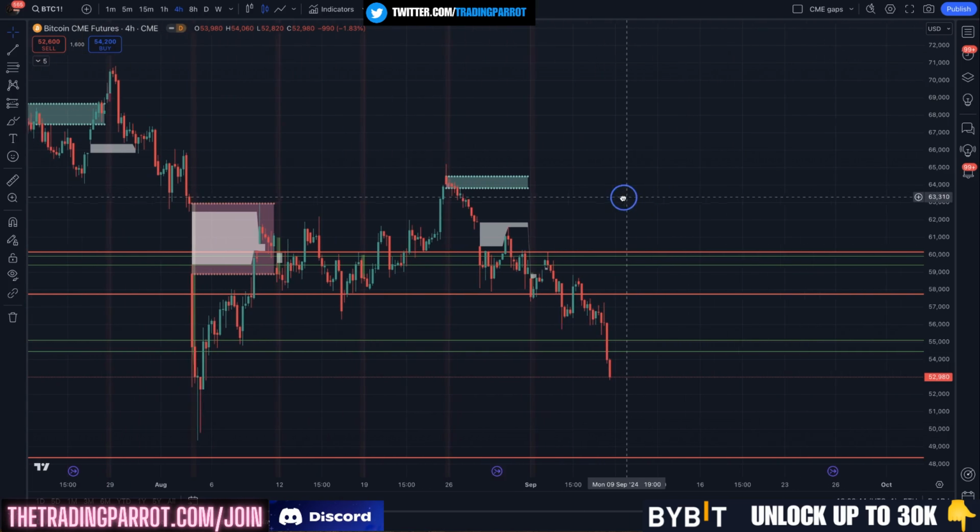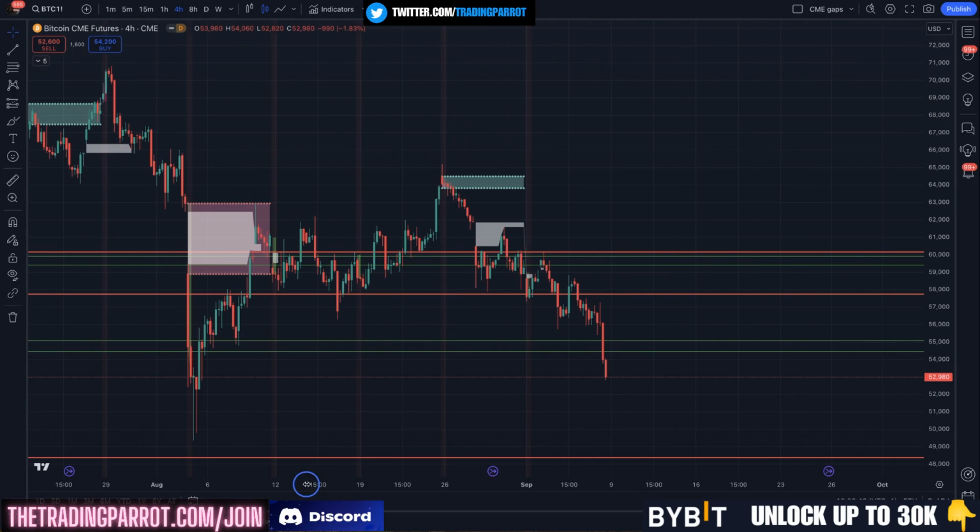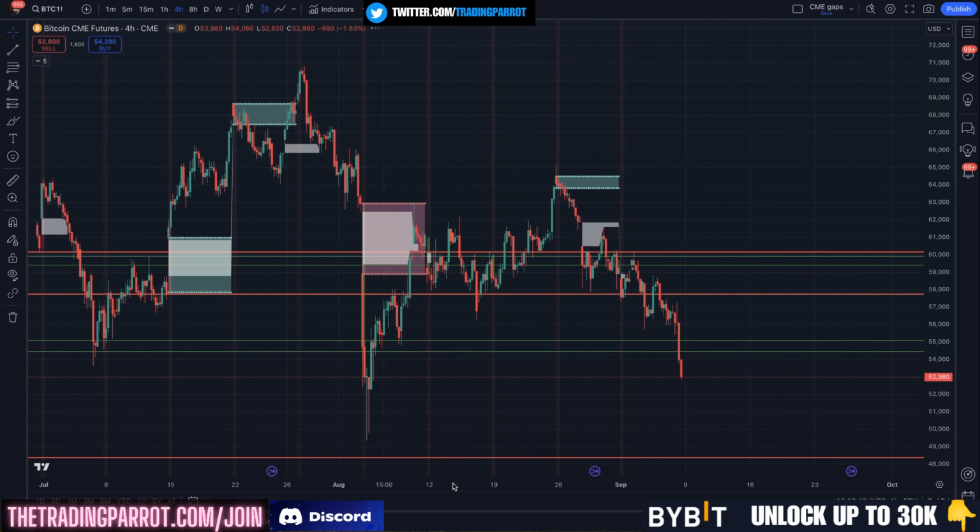And we are on the weekend, and what we usually do is pay attention to what's going on with the CME futures. CME futures close at a price of 52.9, pretty much 53K.